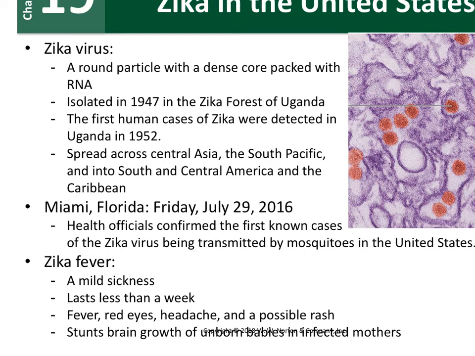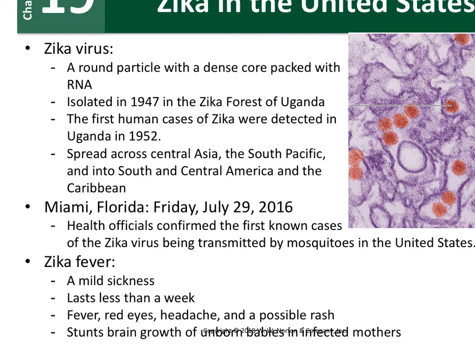It looks like it was first found in Uganda in Africa. And the first human cases of Zika were detected, it was probably there beforehand, in Uganda in 1952. It then spread across Central Asia, the South Pacific. So in other words, probably it was carried in ships with water and mosquitoes in them and mosquito larvae.